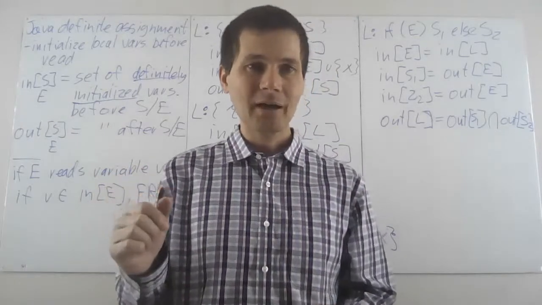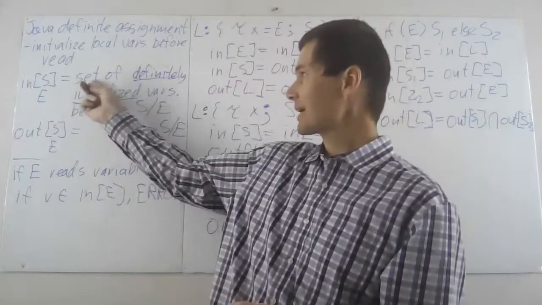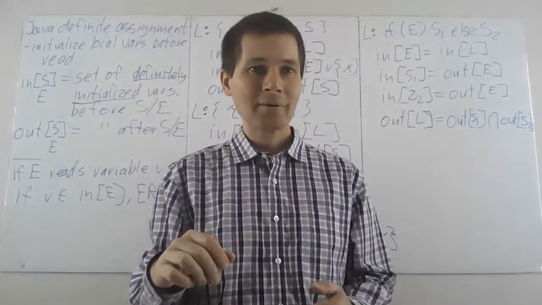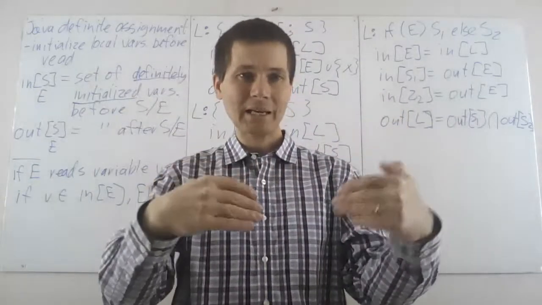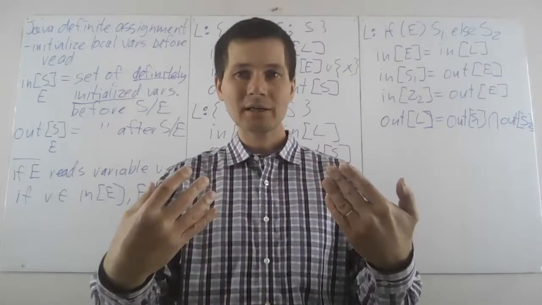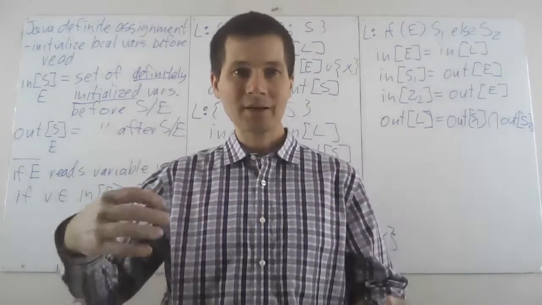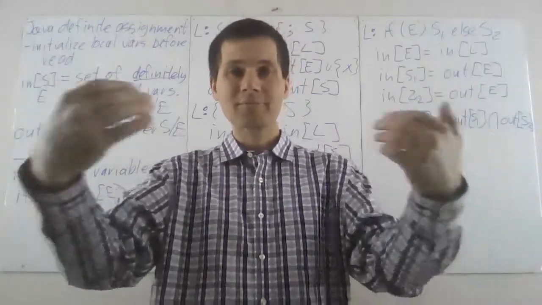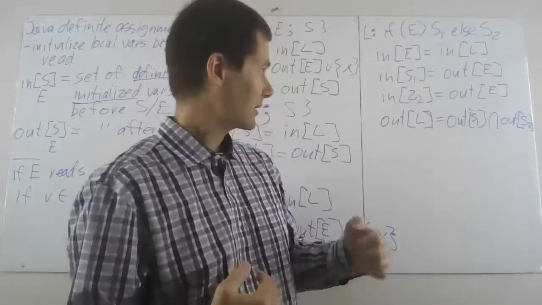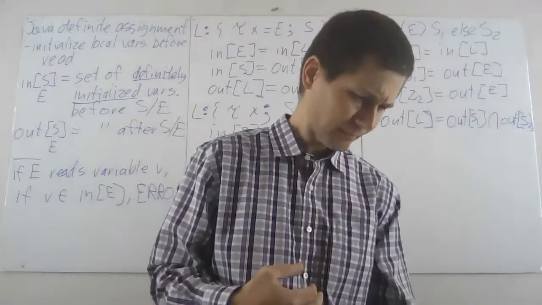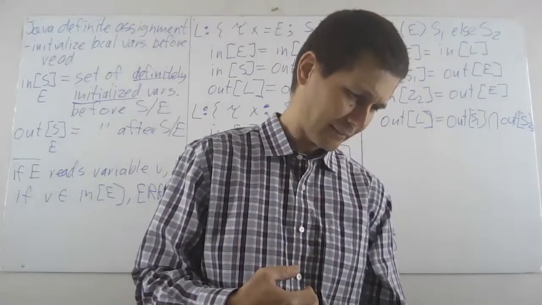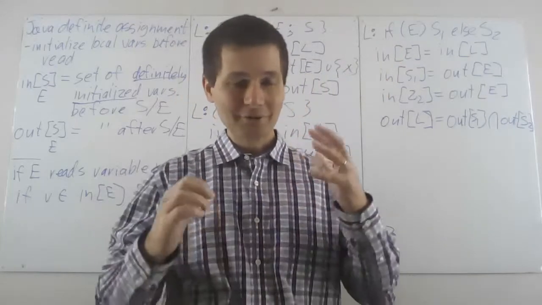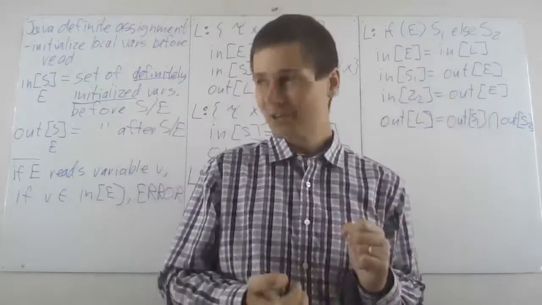In this case, I'm trying to come up with a set of variables that are definitely initialized, and so if I don't know which path I came in on, I want the intersection, because I only want the ones that are definitely initialized on both of those paths that I might have taken to get in here.